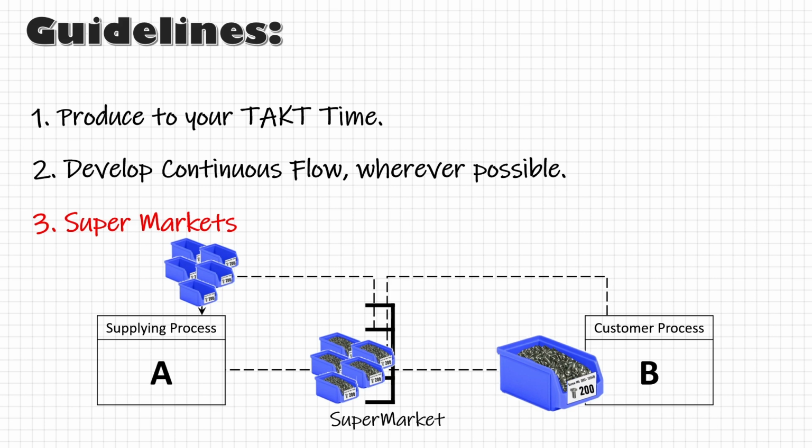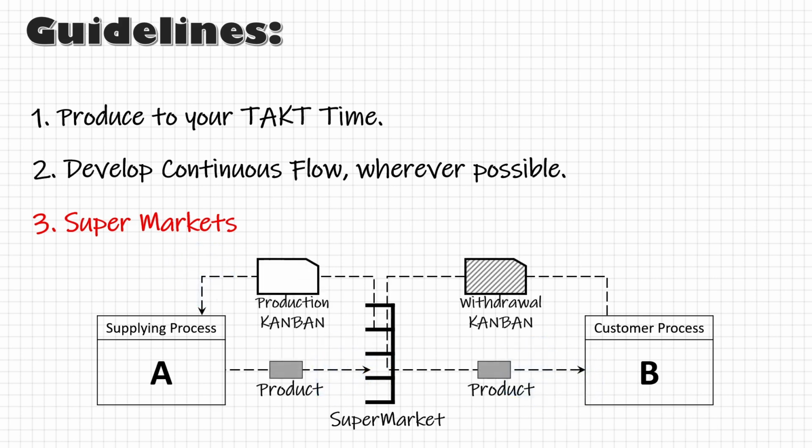It is that simple. And the beauty is you don't need to schedule the production for the supplying process ever. Of course, you have to decide the stock quantity of individual items initially, but once it is done, the production scheduling becomes automatic. Also, the WIP between supplying process and the customer process is fixed.